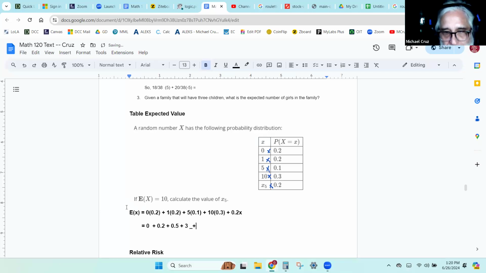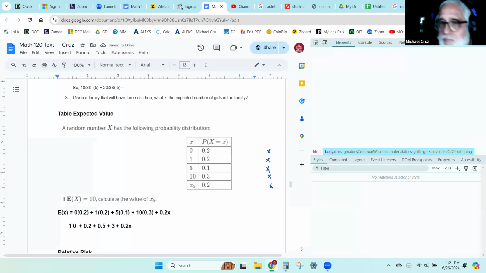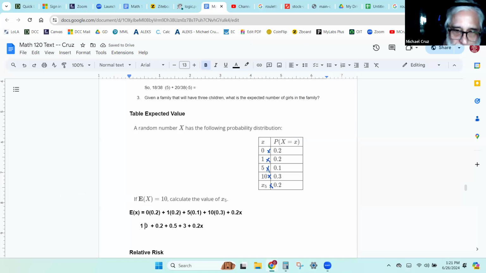And then that one right there is the one we don't know about. We know the coefficient of 0.2x. So this was all equal to 10. All right, you know what? I'm going to do it this way to make it look like an equation, normal, like reading it left to right.